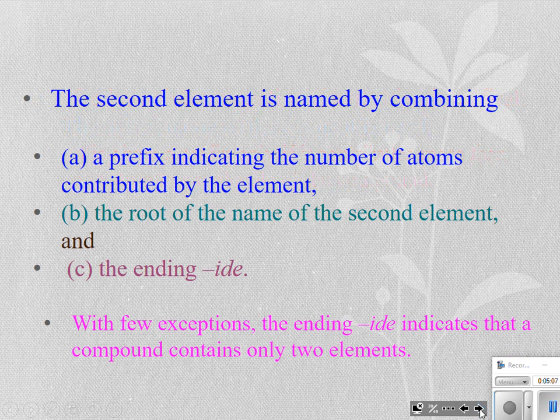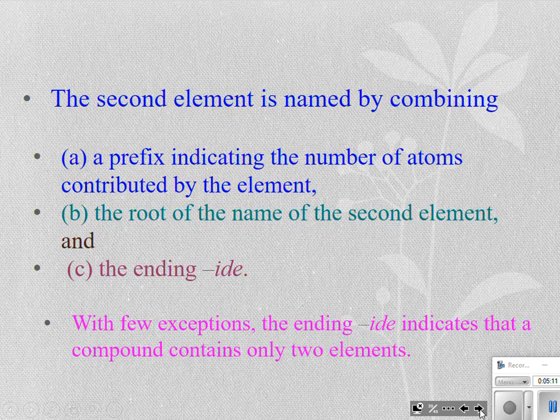The second element, we use a combination to name it. We start with a prefix indicating the number of atoms contributed by the element. The second part is the root of the name of the second element followed by an IDE ending.